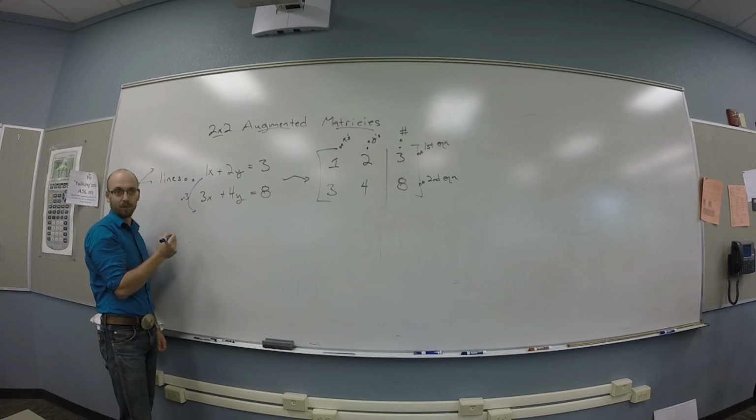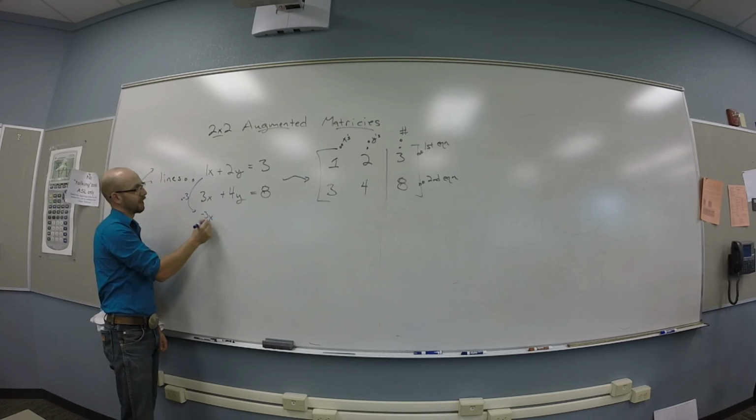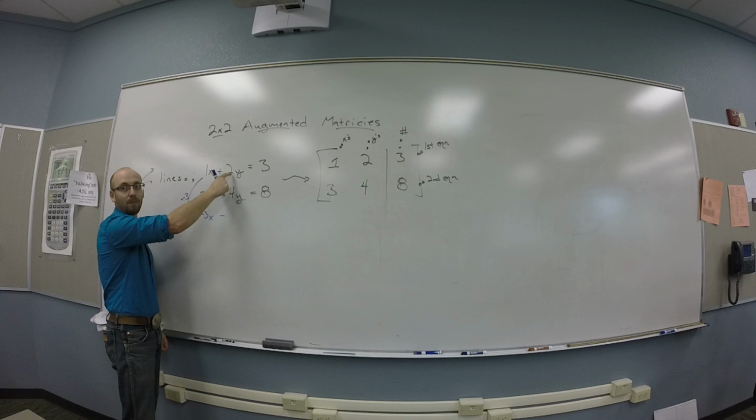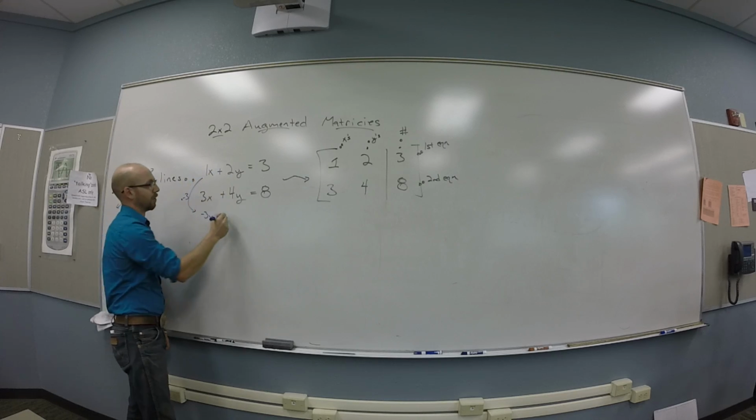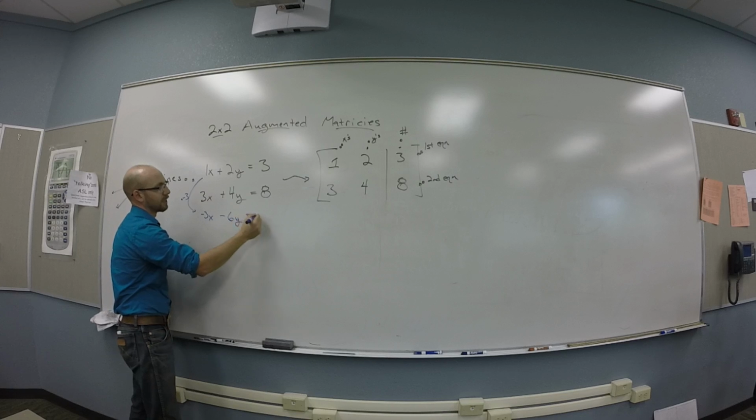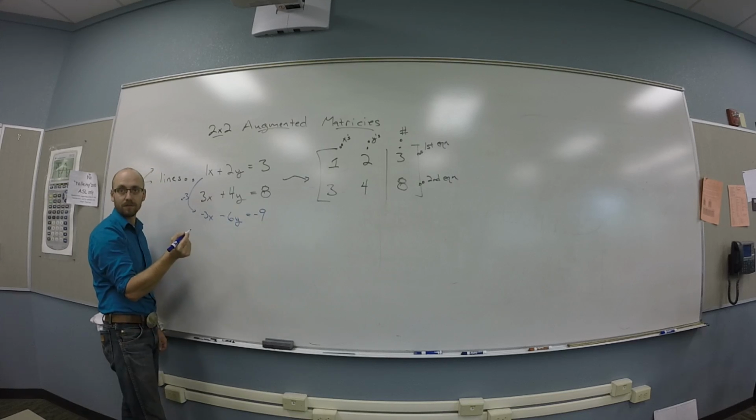Okay. You guys with me? So I'm going to have negative 3x minus, remember, first equation, the other equation, negative 6y is negative 9, right? And then I'm going to add those together.